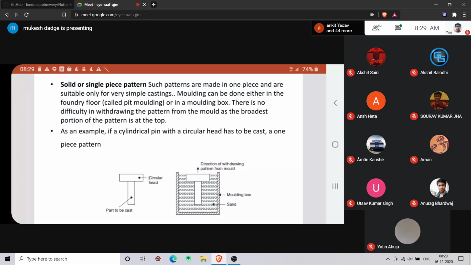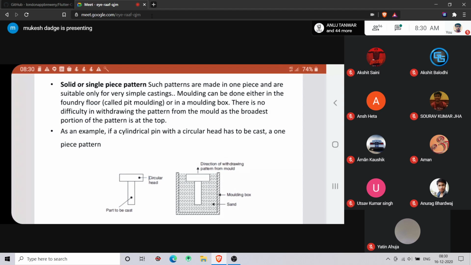The molding box means the outer shape of your mold, as shown in the drawing. There is no difficulty in withdrawing the pattern from the mold, as the broadest portion of the pattern is at the top. So this is your T shape, a circular T head.